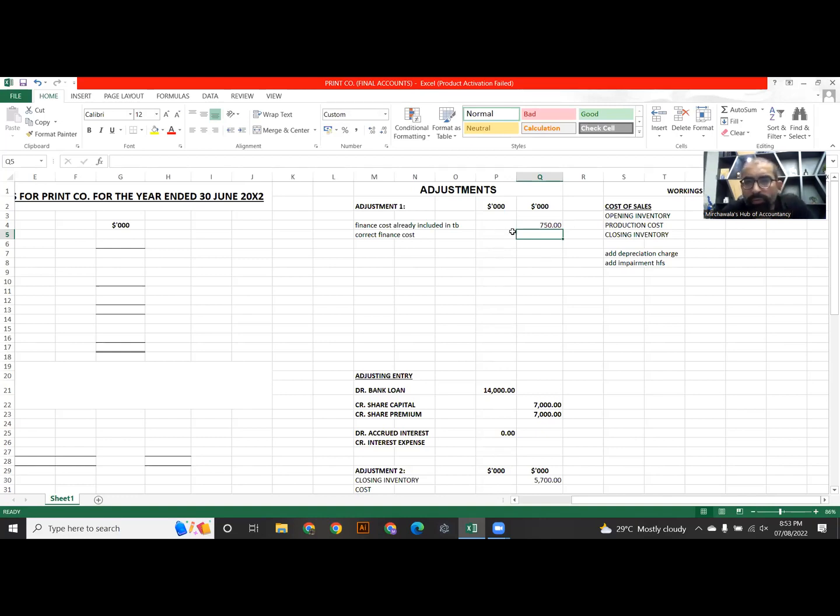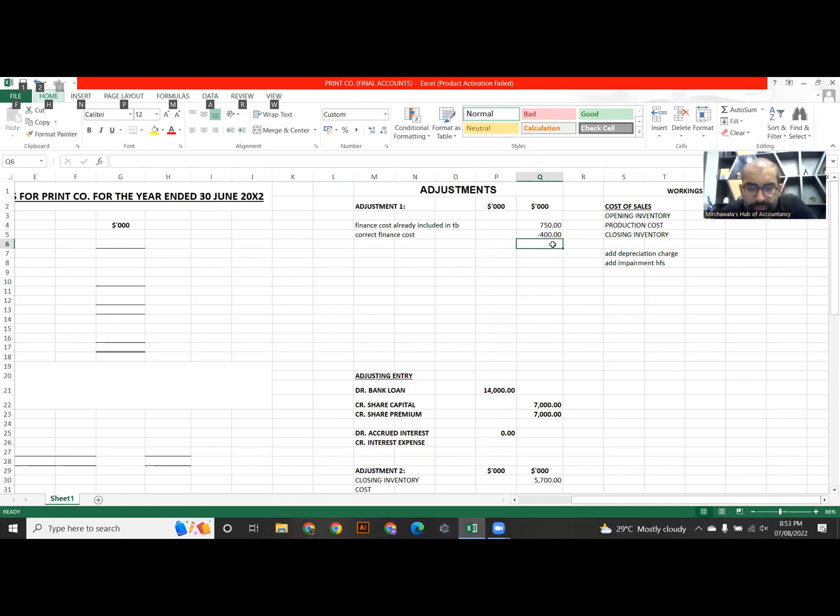Now, what was the correct finance cost? The correct loan was 16,000. So 16,000 times 0.05 times 6 divided by 12, which is 400. So 750 is what they have already booked and 400 is the correct amount.